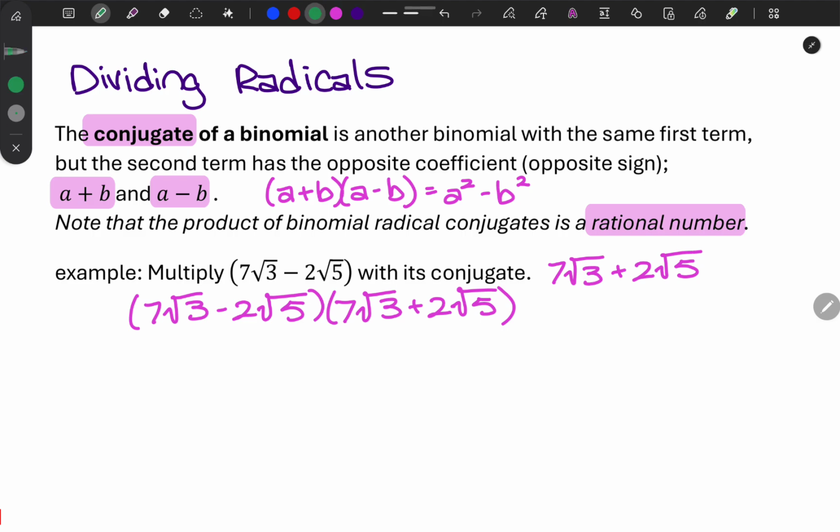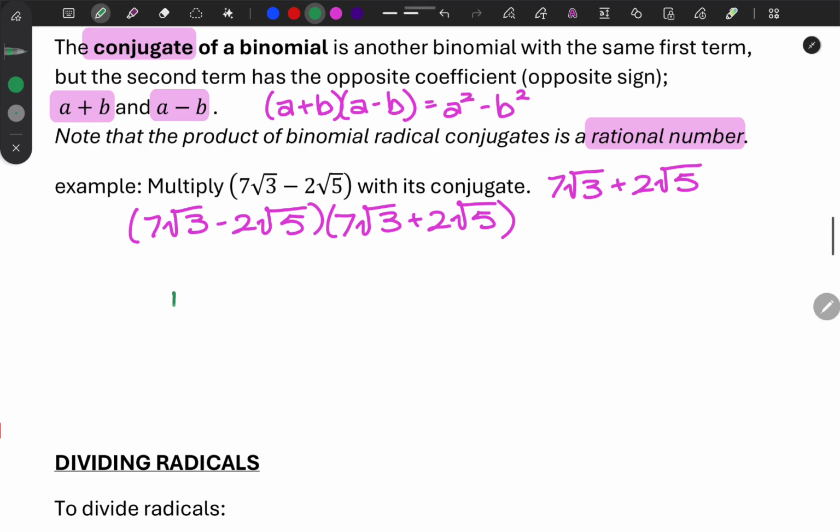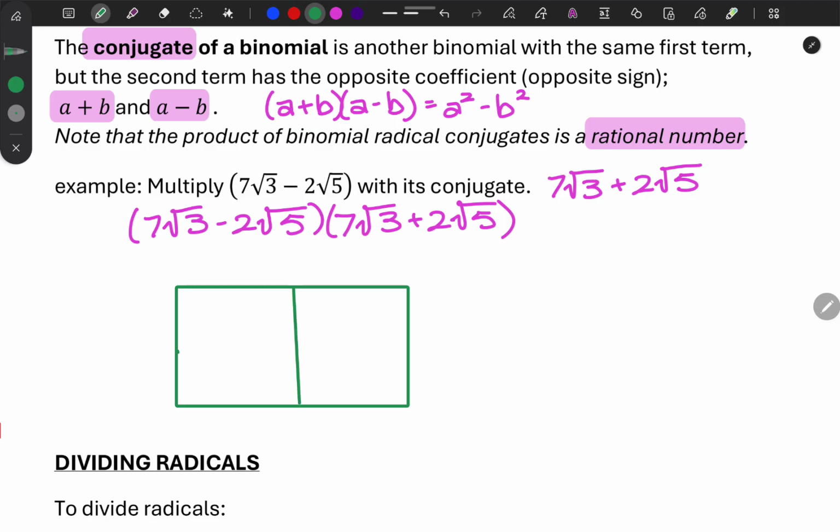I'm going to do that with the box method, and I'm going to try and make my box big enough that I can get all these terms in there. So we'll do 7 root 3 minus 2 root 5 going across the top, and 7 root 3 plus 2 root 5. And then we'll multiply box by box.